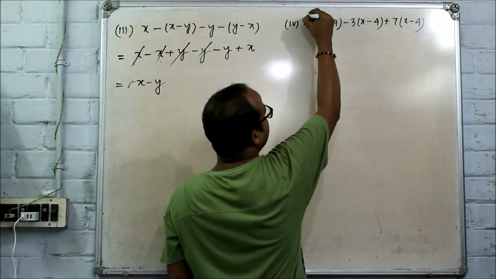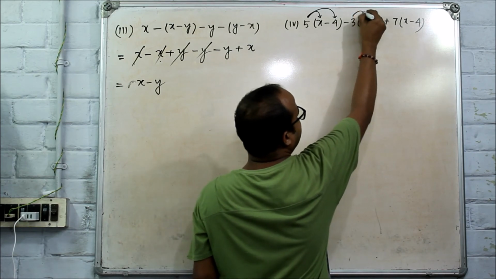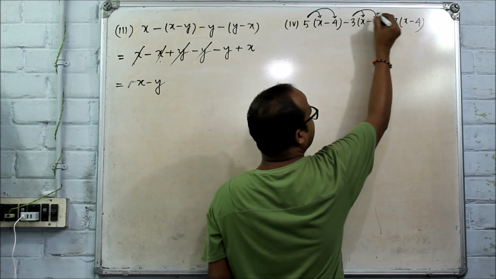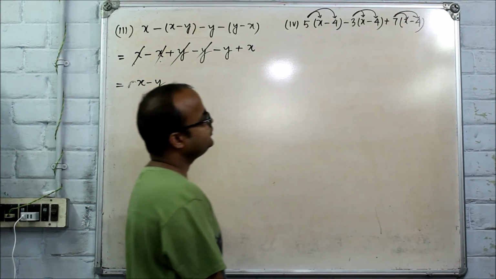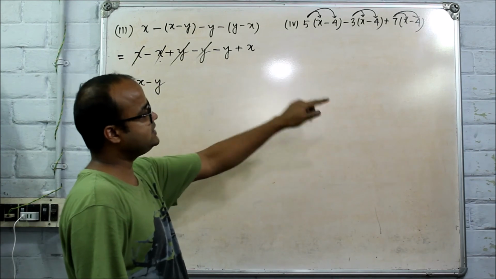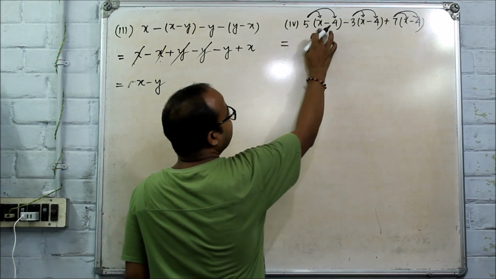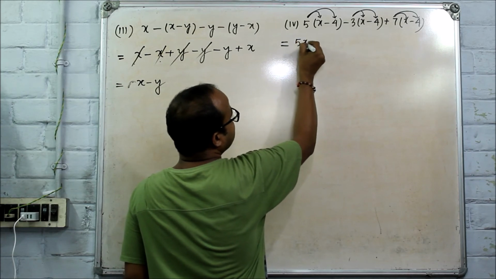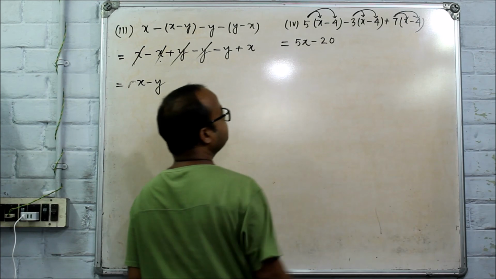Now first we multiply 5 with x, 5 with 4, same with 3 with x, 3 with 4, 7 with x, 7 with 4. So first we multiply 5, 3, 7 with the terms. So 5 into x, 5x, 5 into 4 is equal to minus 20.